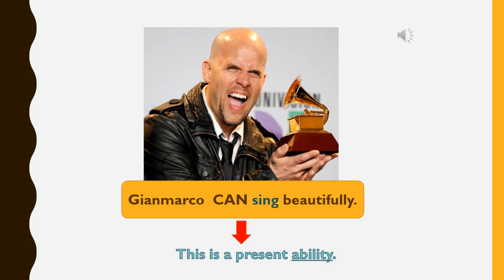But that is a past ability. I can't jump the rope now. ¿Sí? Ahora no puedo saltar la soga. So that is the difference between can and could. Can for the present and could for the past ability.